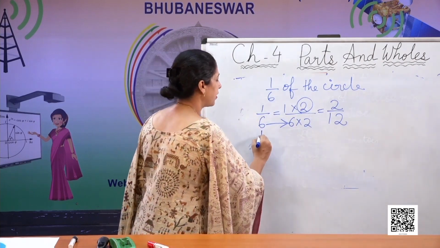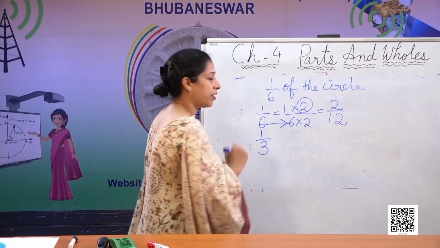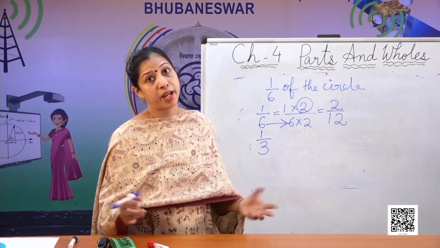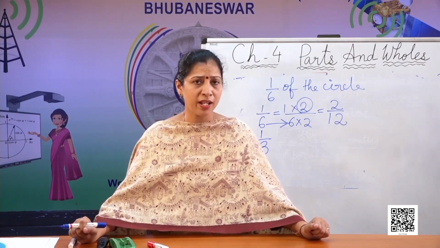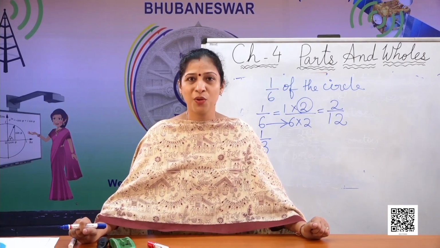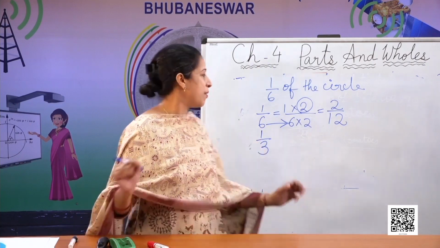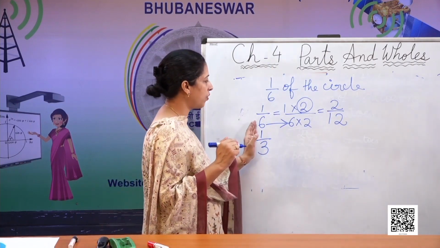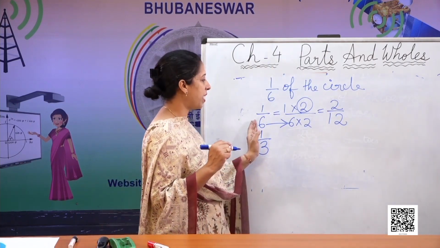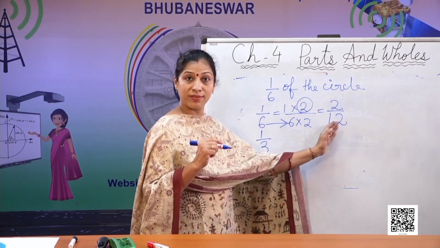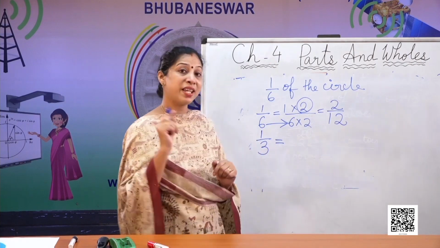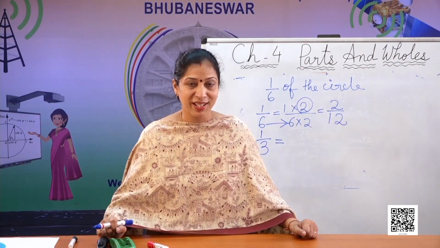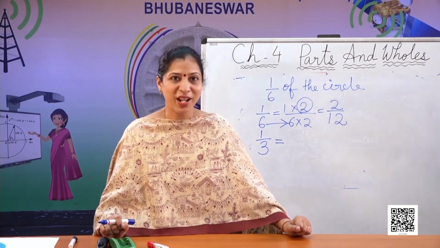Similarly, if another friend picks up her chit 1 by 3, again the circle is divided into 12 parts. So how will she play? She will definitely color it. So the way I told you, what will you multiply in 6 to get 12? 2. Similarly, what will you multiply in 3 to get 12? Do you remember about like fractions?